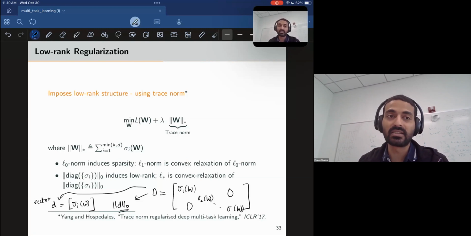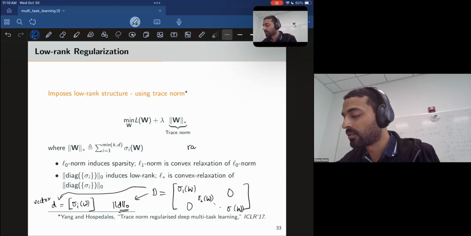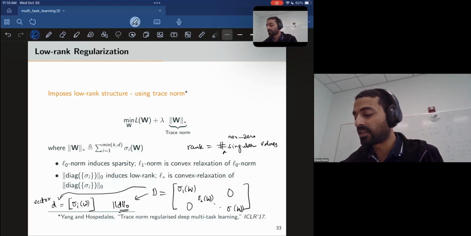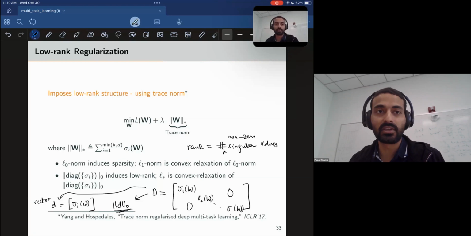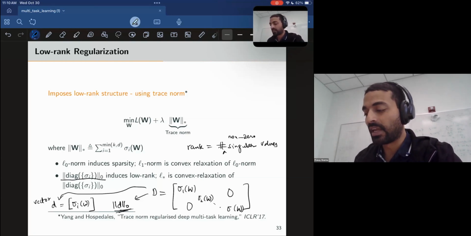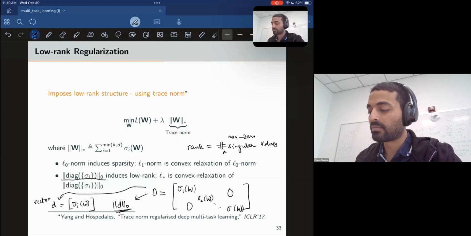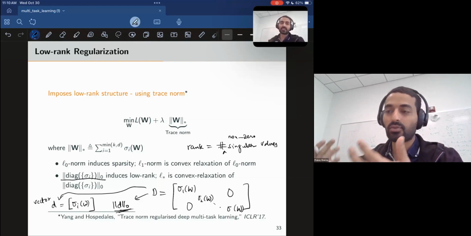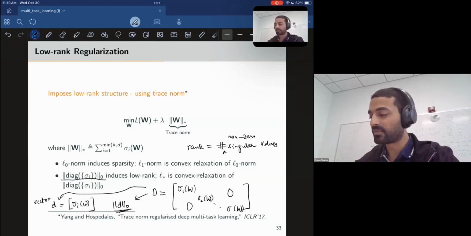Rank is the number of non-zero singular values, which is precisely what this L0 norm is giving us. Because it is the rank, it induces a low rank of the matrix.